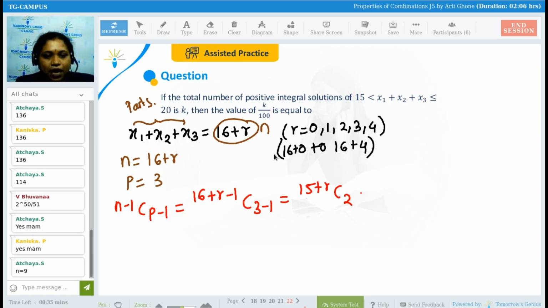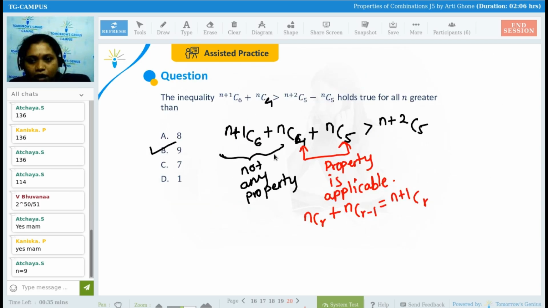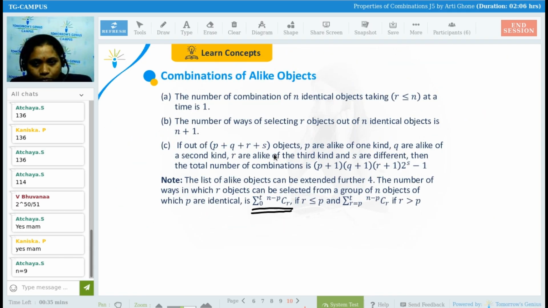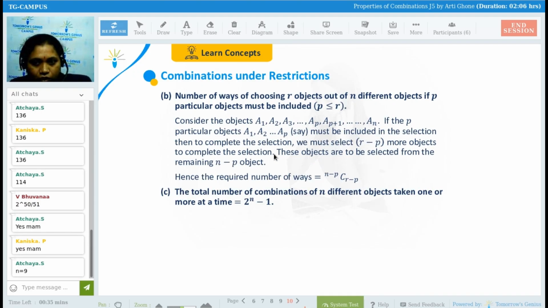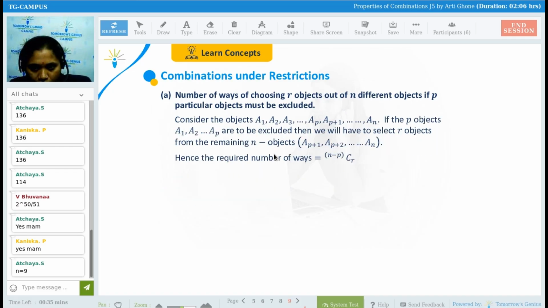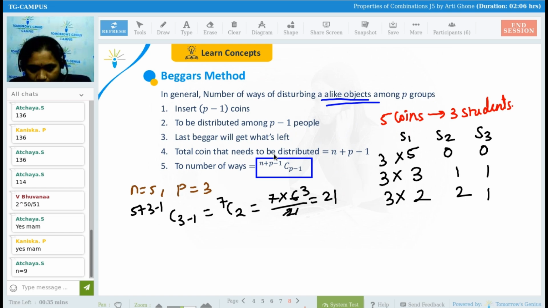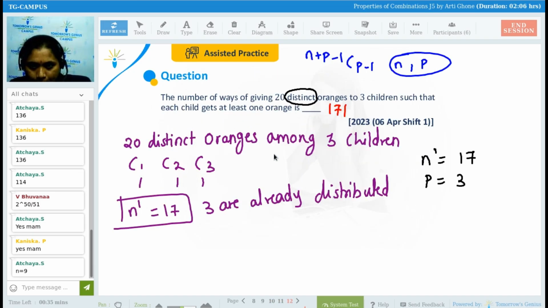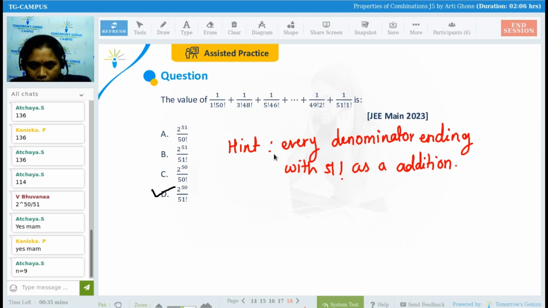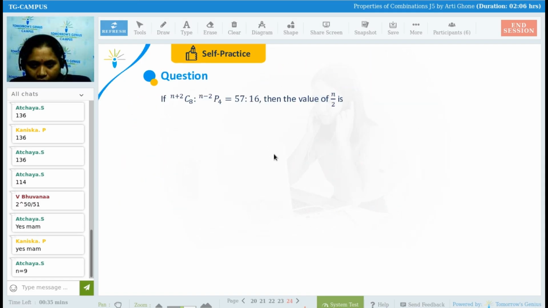Now everyone will ask me, ma'am, why is n minus 1 c p minus 1 used? Again, going towards this formula, see the particular case. If p objects are excluded or included, I can explain it right here.